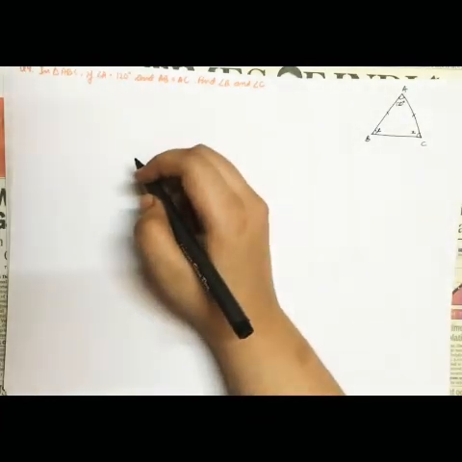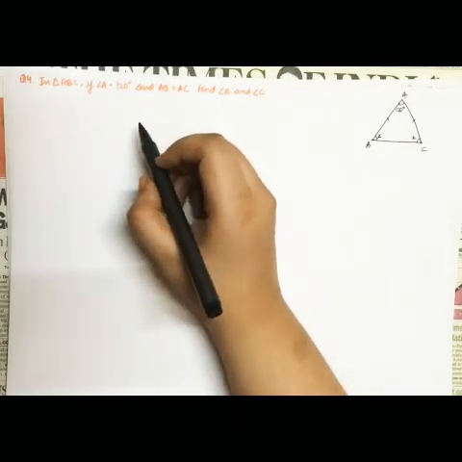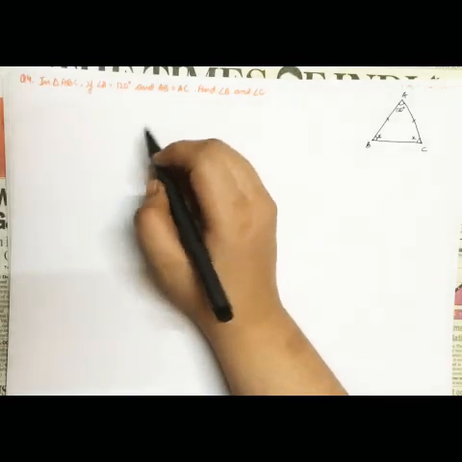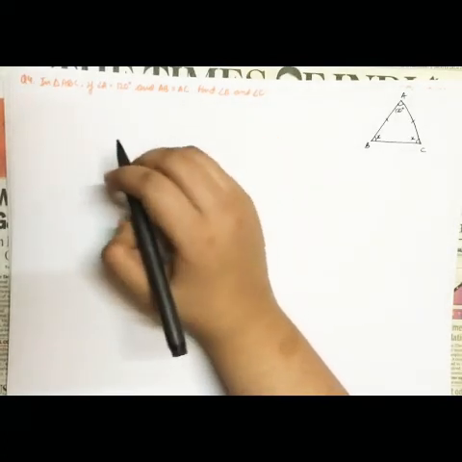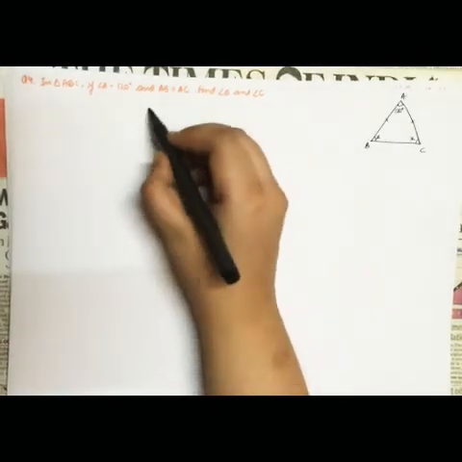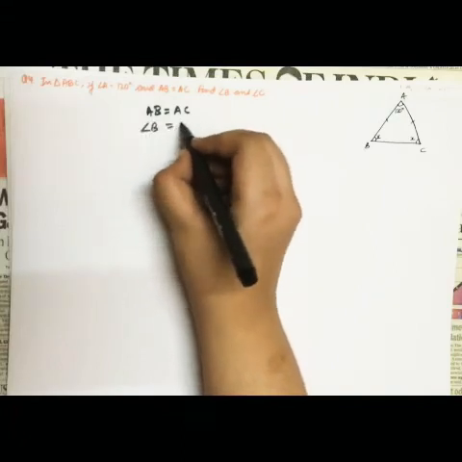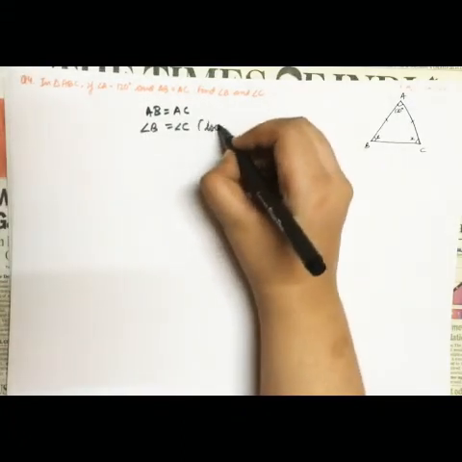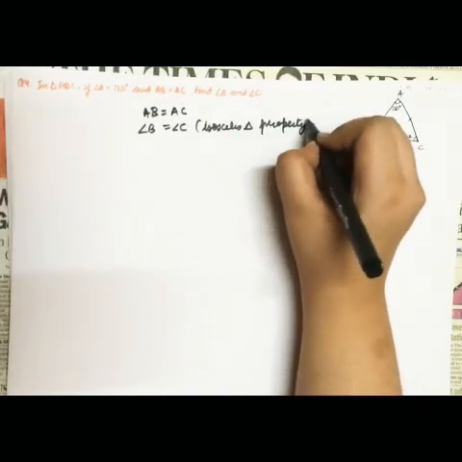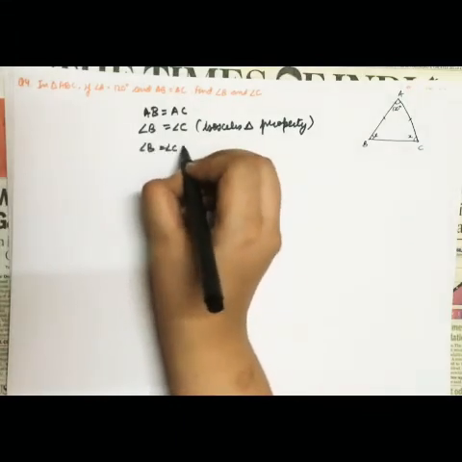Now question number 4. It says that in triangle ABC, if angle A is equal to 120 degrees and AB is equal to AC, we have to find the values of angle B and angle C. Since AB is equal to AC, we can say that angle B is equal to angle C because of the isosceles triangle property. So let angle B is equal to angle C be x.